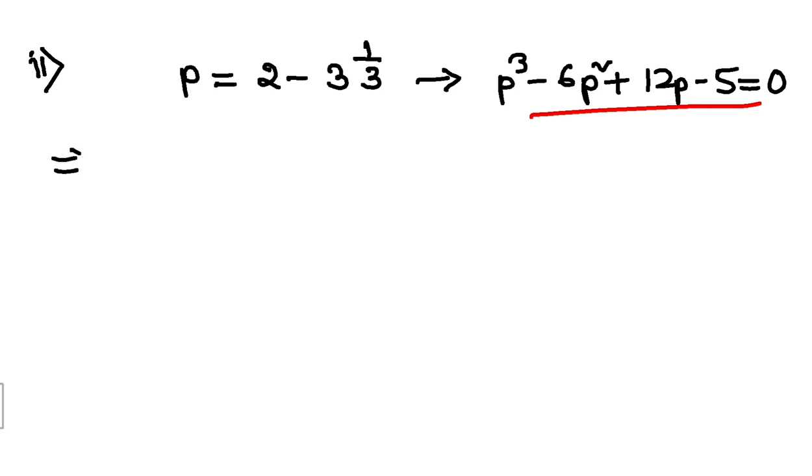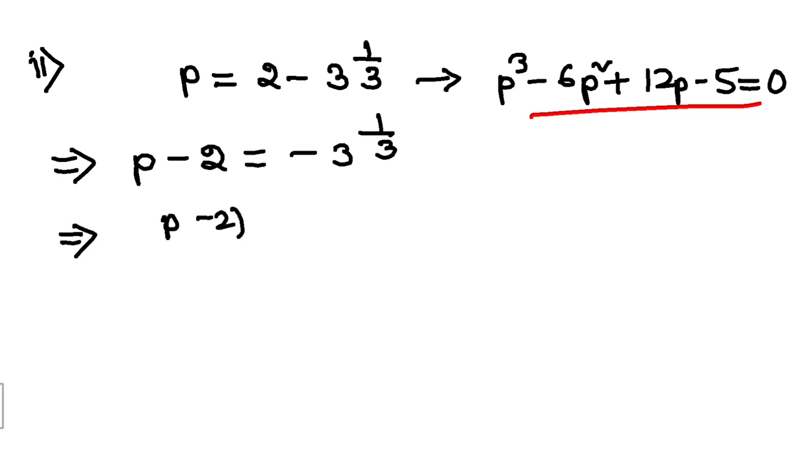Let's first take 2 to one side, p minus 2 equal to minus 3 to the power 1 by 3. Then I need the cube, so I'll cube both sides. So I'll cube this side also and I'll cube this side also. Cube means the power 3.